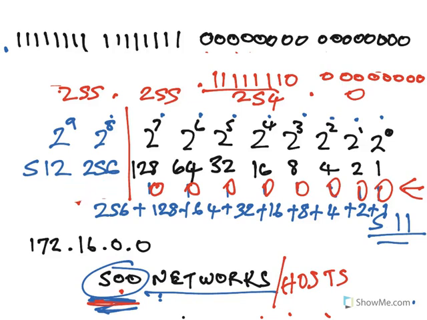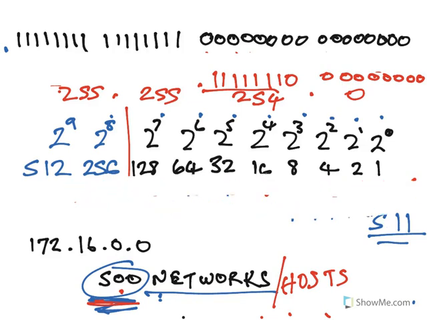So down here, 1, 2, 3, 4, 5, 6, 7 ones, and the rest of them are zeros. Remember you needed 9 zeros, so there's the 1 0 in the third octet and 8 zeros in the fourth octet, which give you your 9 zeros, which we calculated earlier.